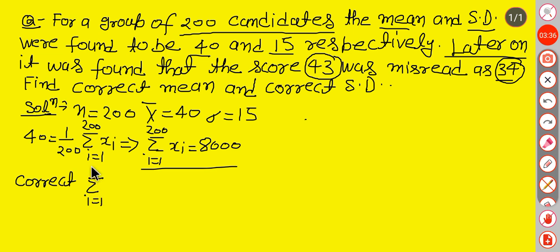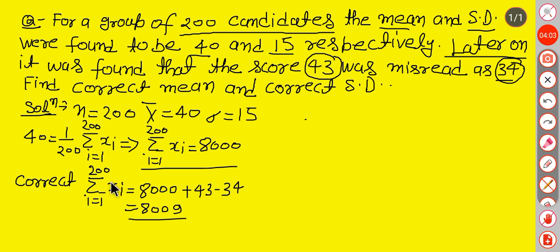The correct sum of observations would be: in 8000 you add the right one and subtract the wrong one. So you will get 8009.